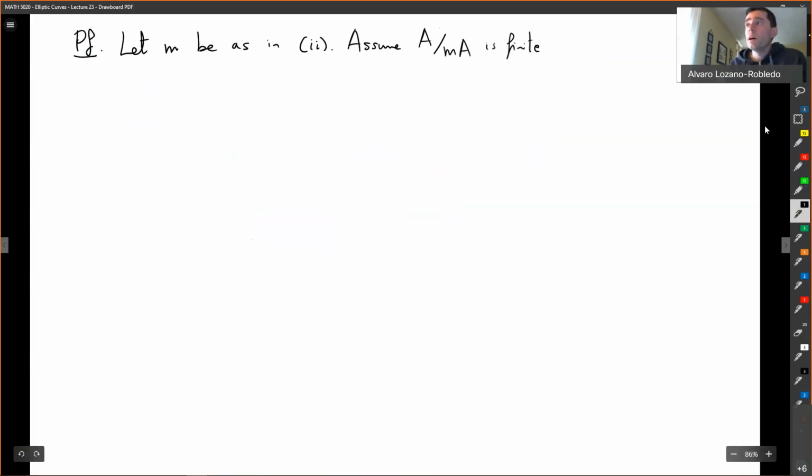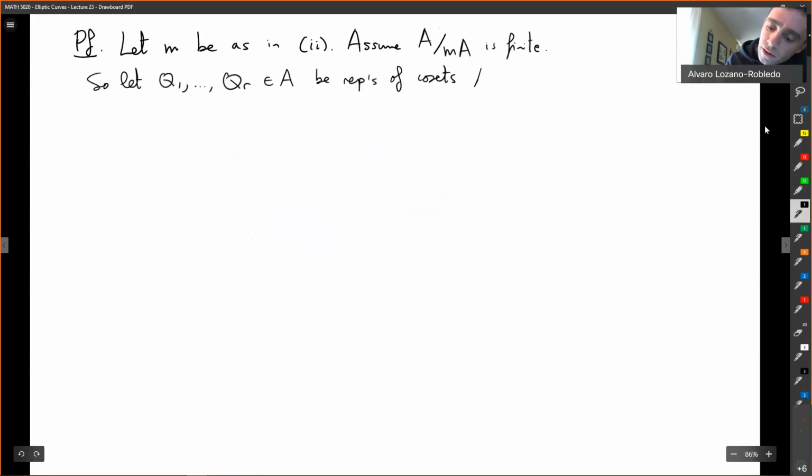So let's pick representatives. Let Q1 through QR in A be representatives of the cosets of A mod MA, so representatives of the congruence classes modulo M in A.